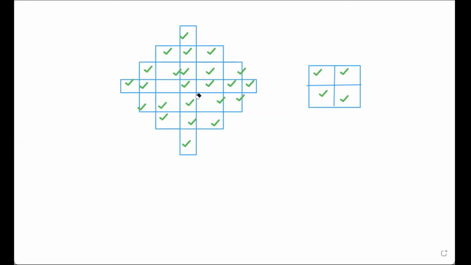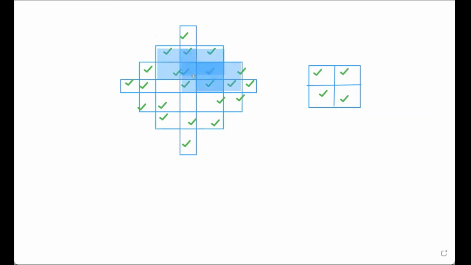So let's see if we can remove one here. If we remove this one, then this is safe, but this isn't. This has a 2x2 square. So we have 2 by 2 squares here, here, and here, and here.